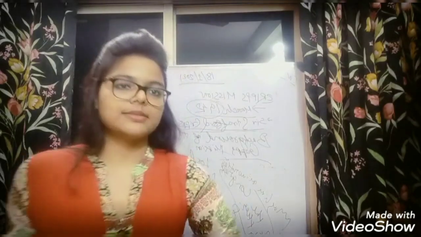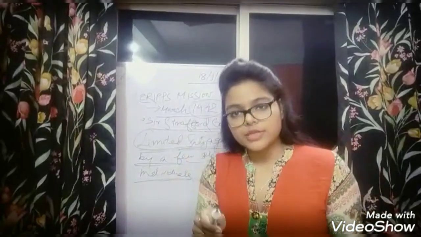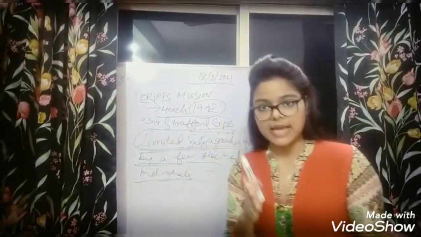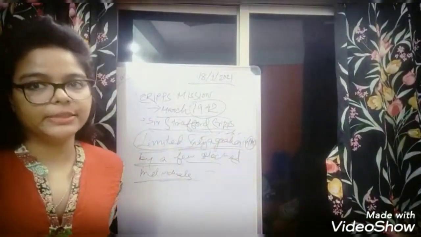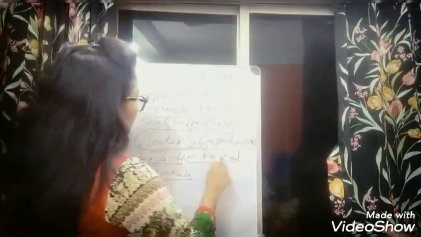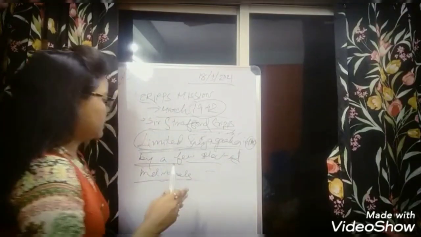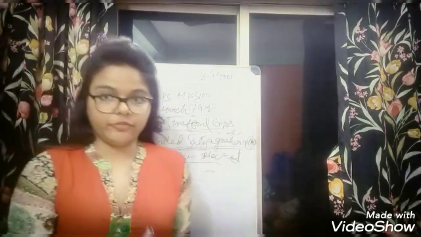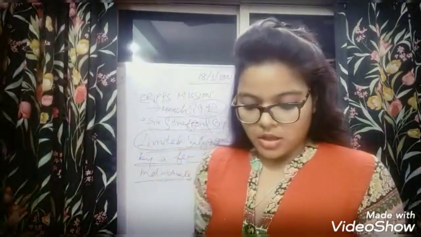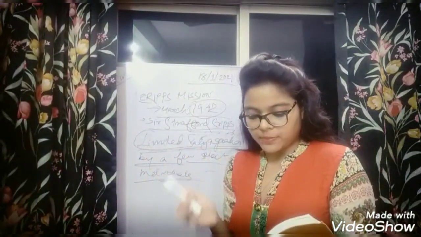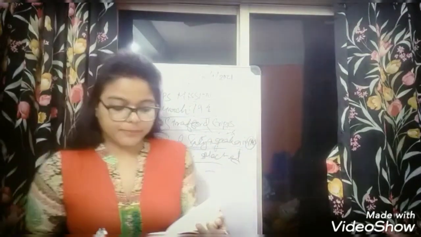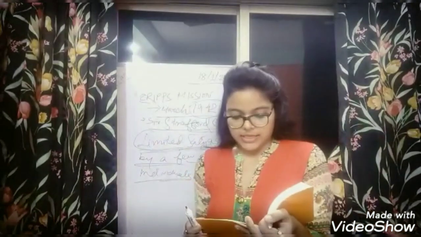Okay, students. After the Congress ministries resigned, Gandhiji gave the call for a limited Satyagraha in 1940 by a few selected individuals. The Satyagraha was kept limited so as not to embarrass Britain's war effort by a mass upheaval in India.